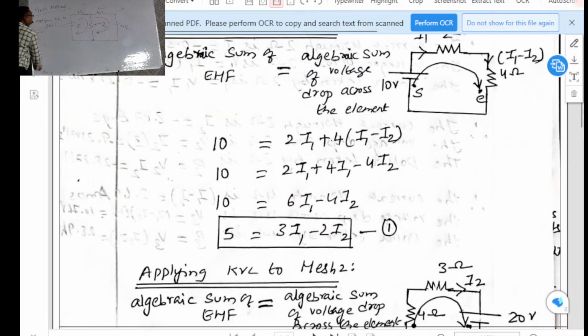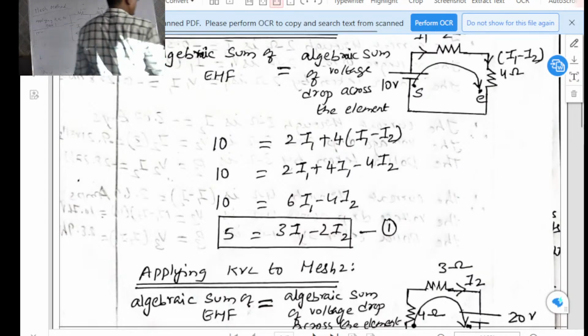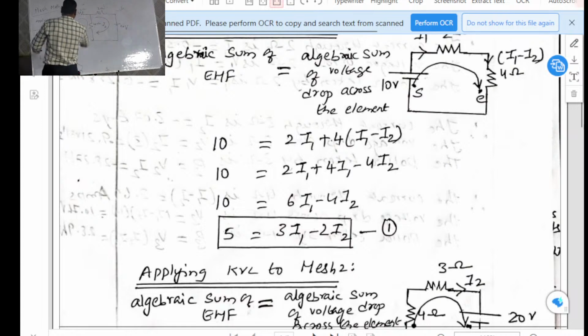By seeing the diagram itself, we have to tell the answer. Minus to plus: 10 is equal to 2 into I1 plus 4 into I1 minus I2. This is the practice. If you don't get practice, go for individual diagrams.